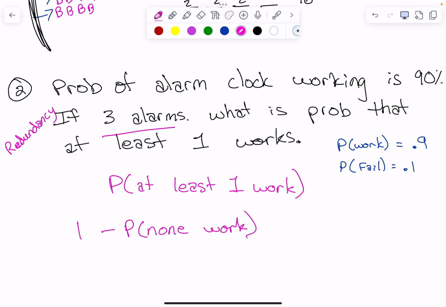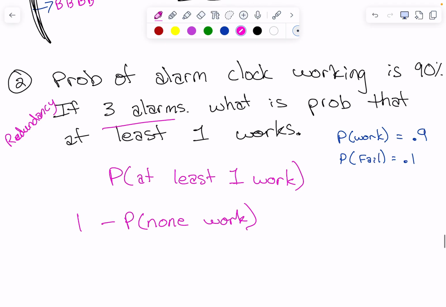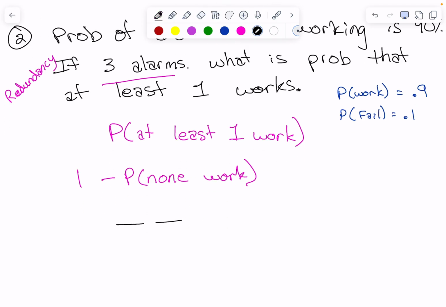You always do the at least 1, the opposite of at least 1 is none, right? So I'm going to find the probability of none. We have 3 of them, 1, 2, 3. What's the chances that this one does not work? 0.1. What's the chances that the second one does not work? 0.1. What's the chances that the third one does not work? 0.1. If I multiply all those 3 together, I get 0.001, right?